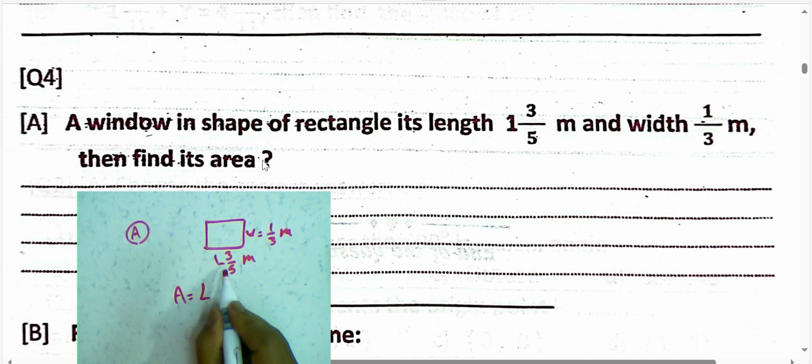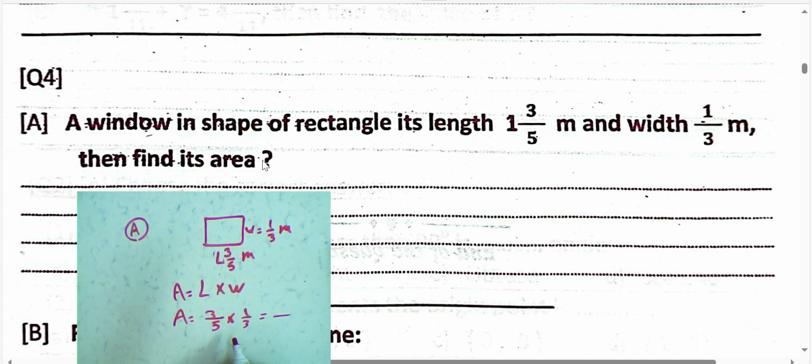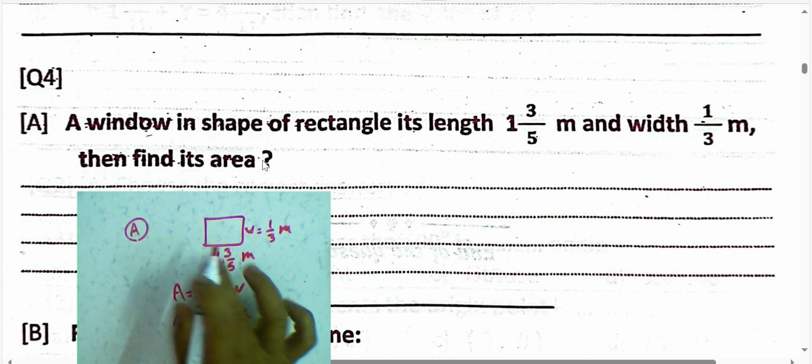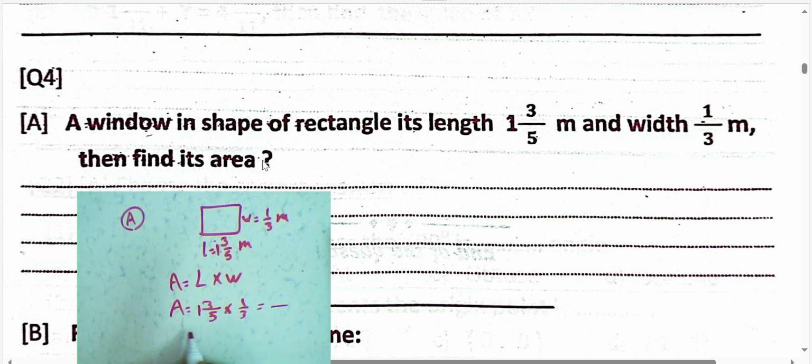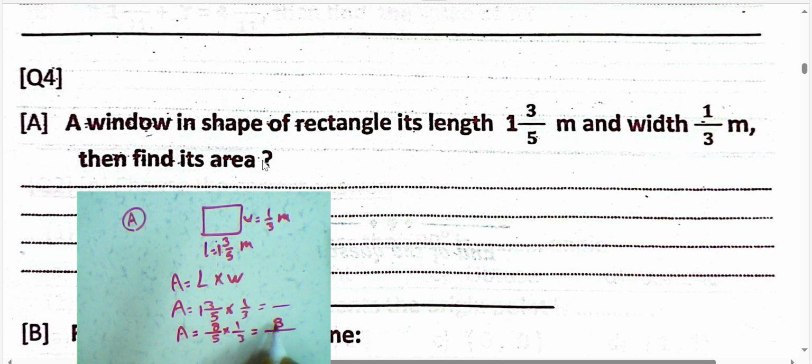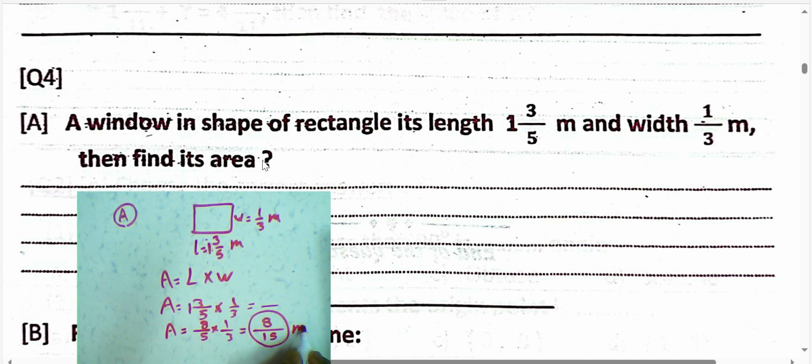The area equals length times width. We can convert this fraction: write 5 in the denominator, 5 times 1, 5 plus 3 equals 8, times 1 over 3. 1 times 8 equals 8, and 3 times 5 equals 15. Then the area equals 8 over 15 square meter.